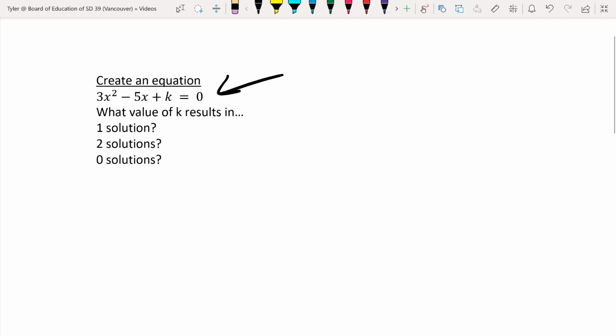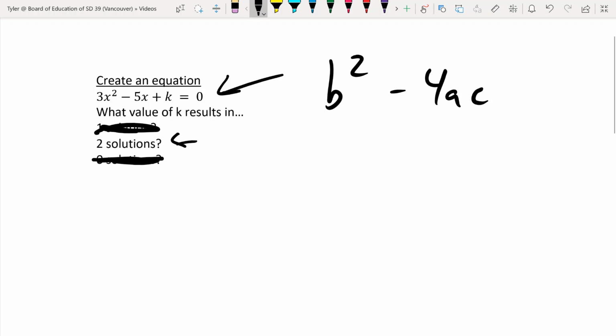Let's say the question is asking for 2 solutions. What's the number for k? Be careful, because I could shove in random numbers and eventually figure it out, but there's a smarter way. We know the discriminant has to be greater than 0 if we want 2 solutions. So I'm going to write that.